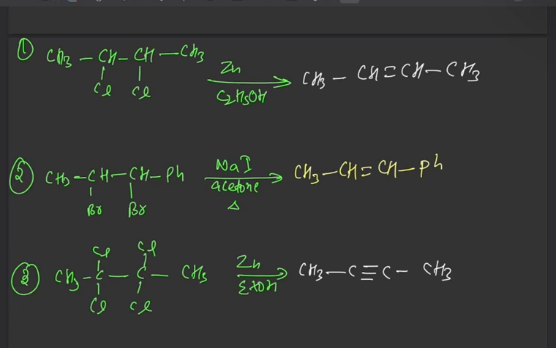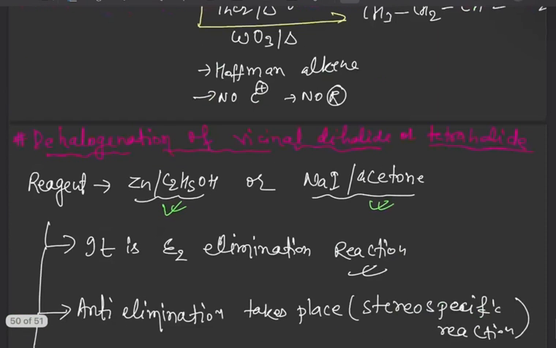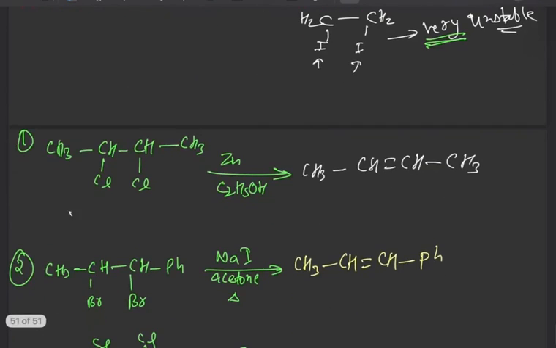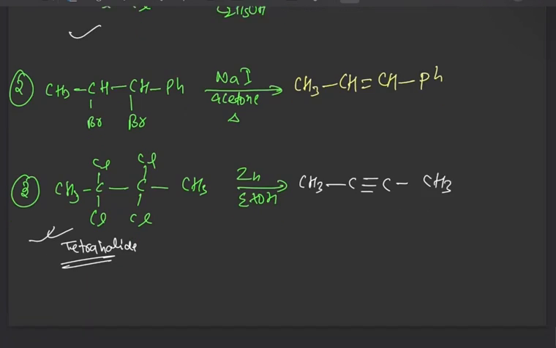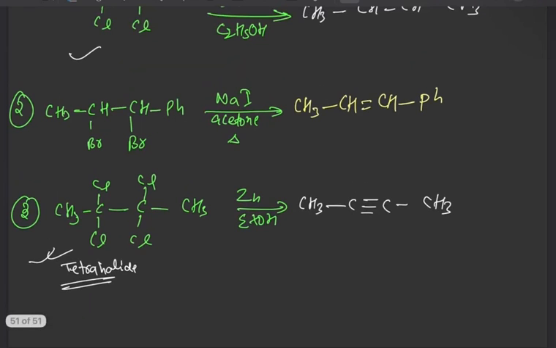Is it clear? So in the heading, even what we have written, tetrahalide or dihalide. So this is the case of dihalide and this is the case of tetrahalide, or tetrachloride, because there is chlorine. Clear?